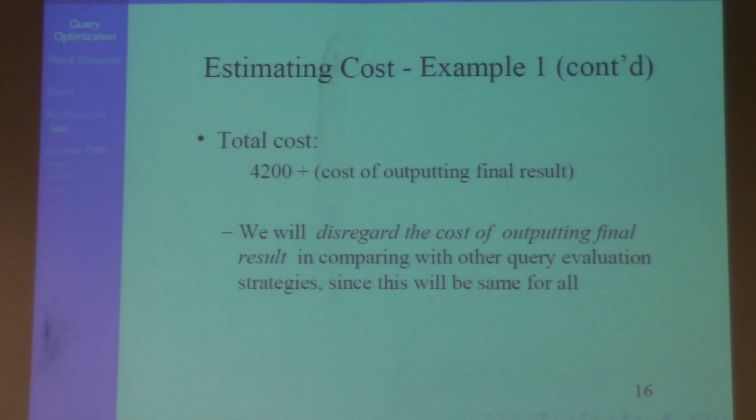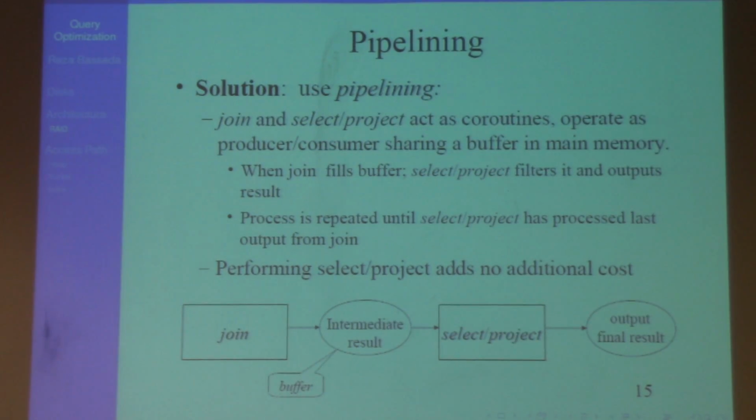So what is the estimated cost of this? Why? We just need to read it once and then do the join, because selection and projection don't have any cost anymore.